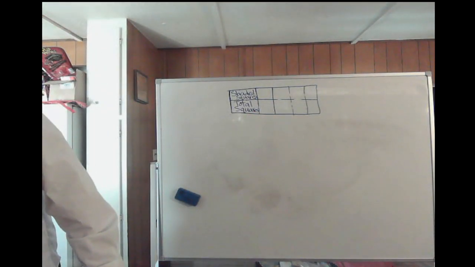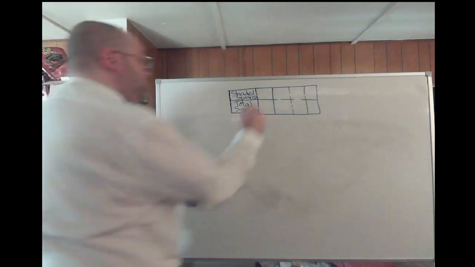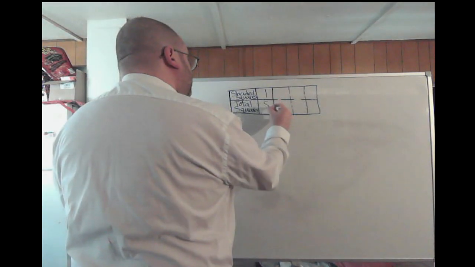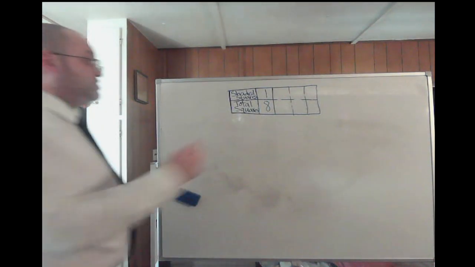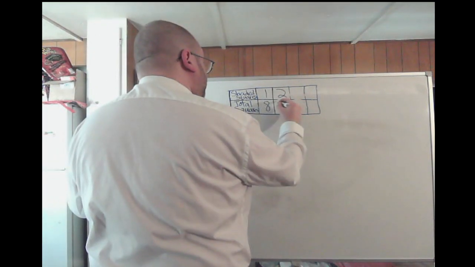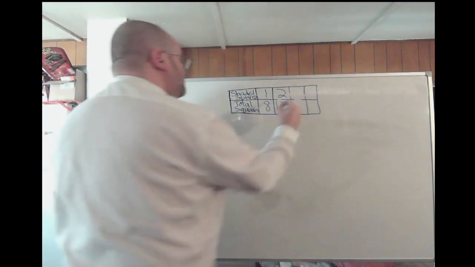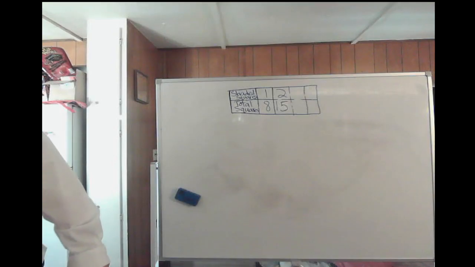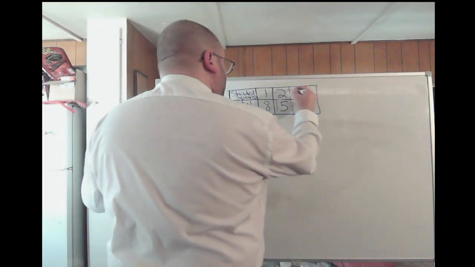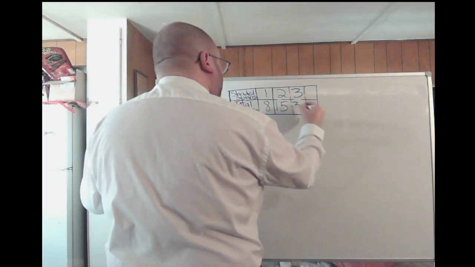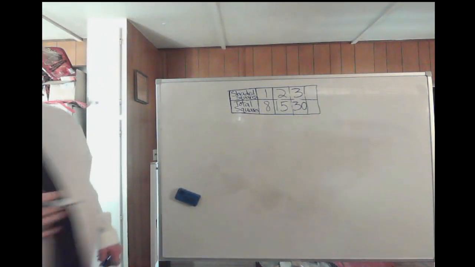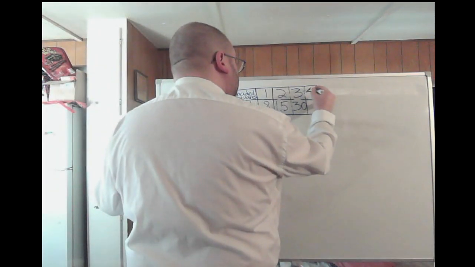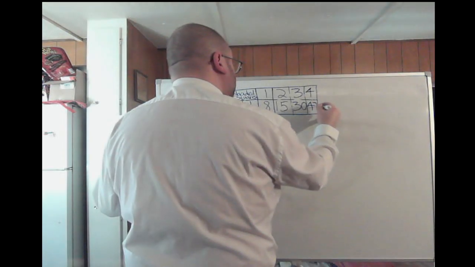So let's see, it starts with 1 shaded square to 8 total squares, 2 shaded squares to 15 total squares, 3 shaded squares to 30 total squares, and then 4 shaded squares to 42 total squares.